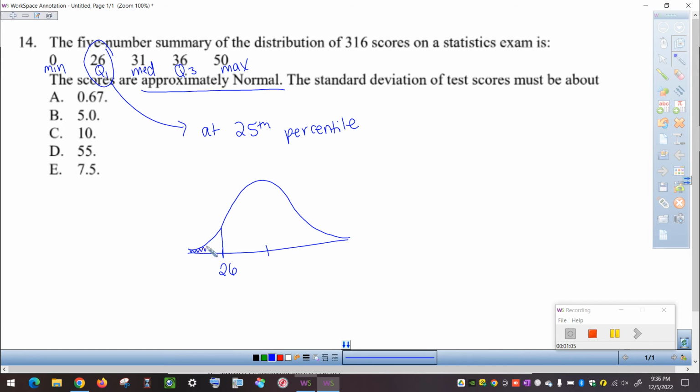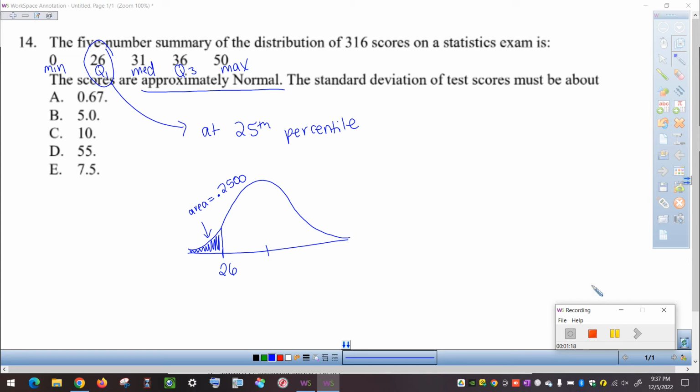And the 25th percentile means that the area of this shaded region to the left is 25%, or we can think of that as being 0.2500.